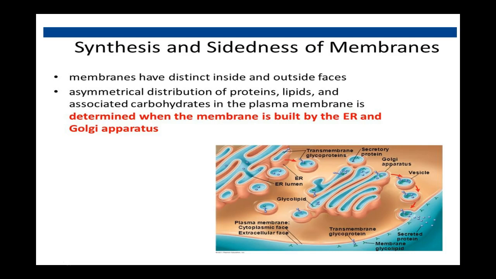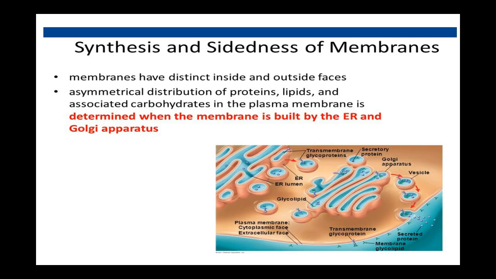And definitely in the Golgi apparatus, we talked about the cis and trans, so the sidedness of the Golgi apparatus. But actually this is true all the way along, that you have sidedness of each of these membranes. You also have an inside and an outside with regard to the plasma membrane. It's fluid, but you still have the inside and the outside.